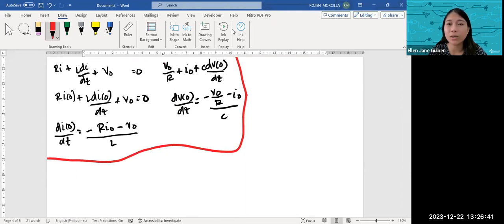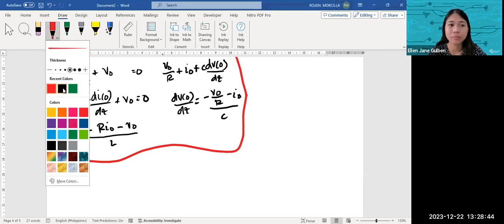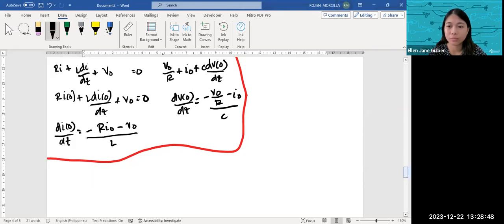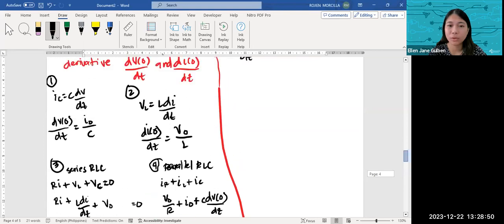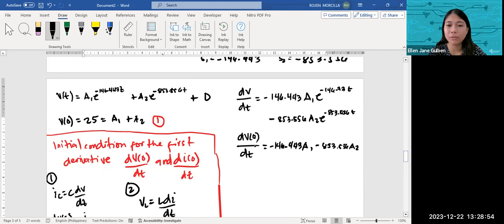So we will be checking which one applies to our circuit. So going back to our problem, we have dVO over dt.